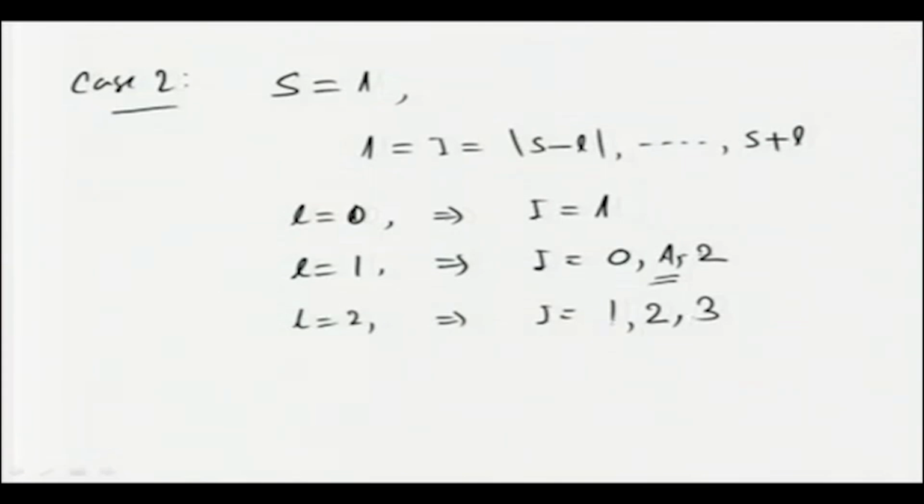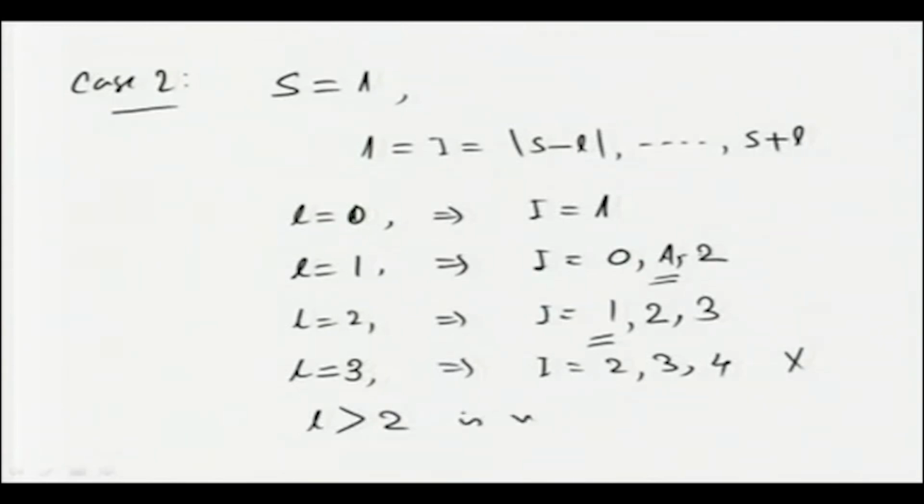These are the allowed possible I values, and then I equal to 1 is again there. So, that is possible, but if you go anything beyond this, say L equal to 3, this will actually give you I values starting from 2, 3, 4, etc. So, this is not possible, or any other L larger than 2 is not possible.